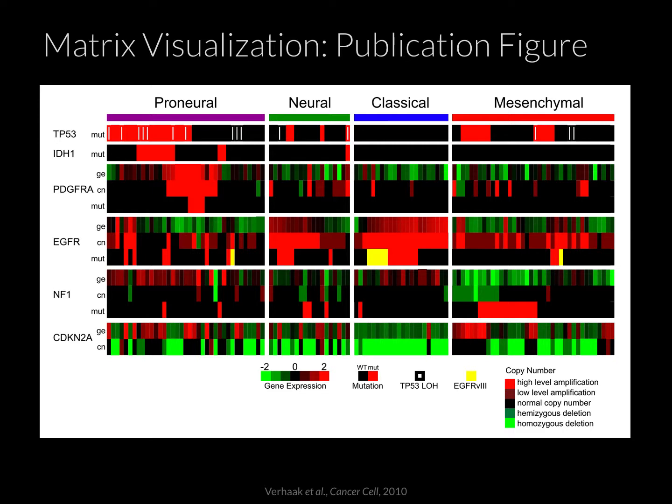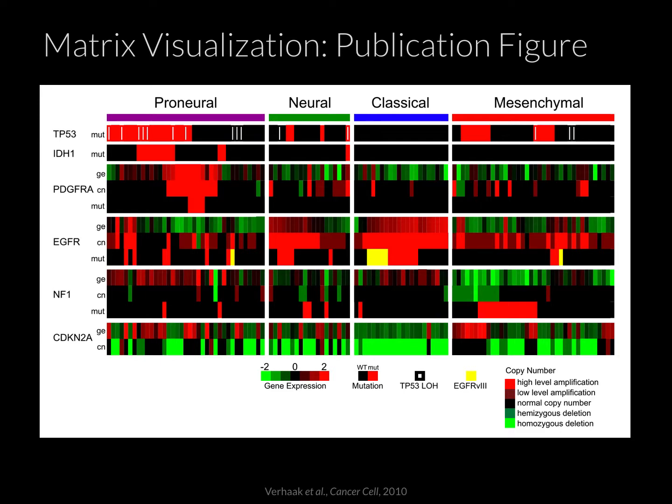There are only about 100-something patients in the cohort at the time when they wrote that paper. And what they listed up here, for example, are a couple of genes and their mutation status. So TP53 and its mutation status. Red means mutated, black means not mutated. IDH1 mutated versus not mutated. There's the gene PDGFRA, with gene expression levels for this gene, copy number status, and mutation status, and a couple of other genes.